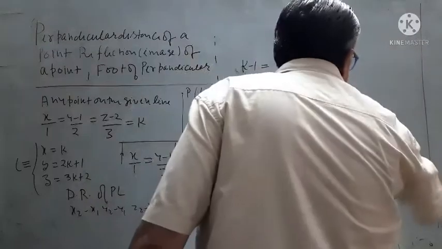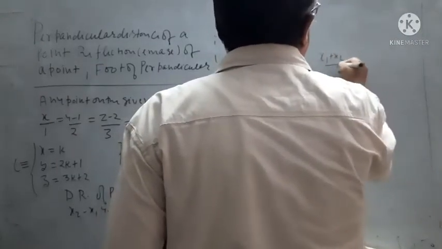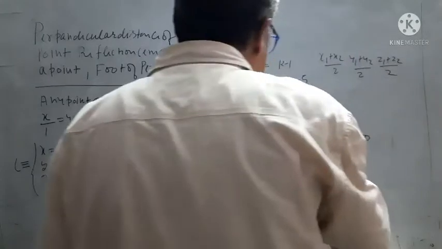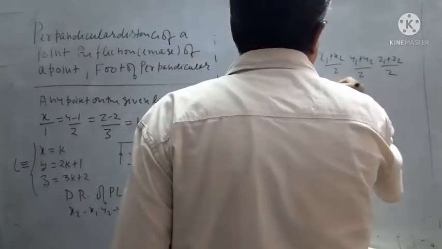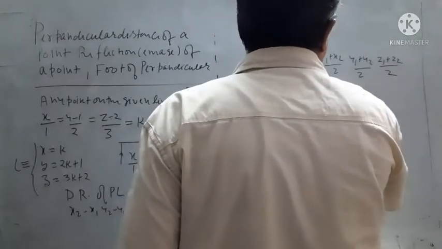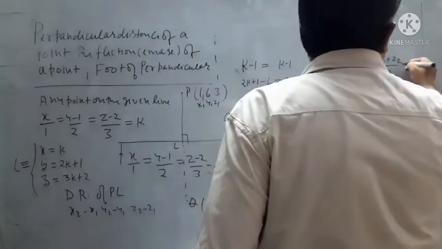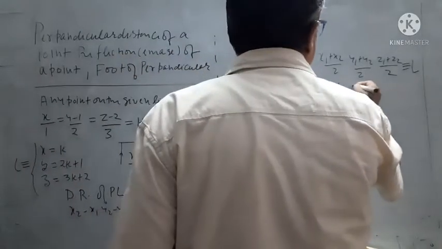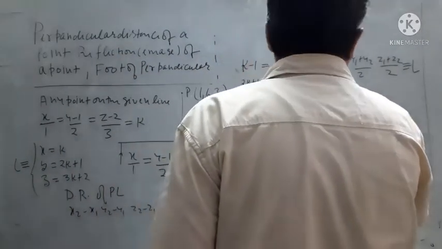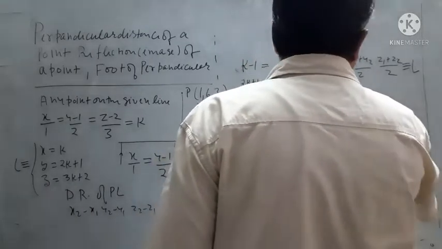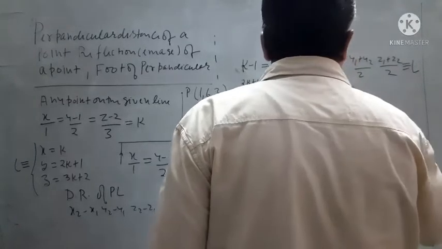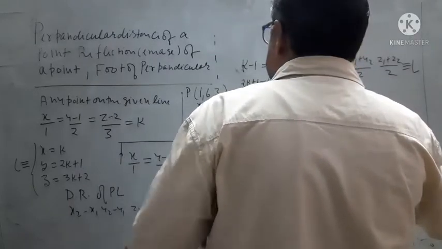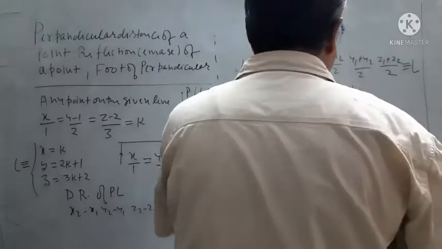We use the relation (x1 plus x2) by 2, (y1 plus y2) by 2, (z1 plus z2) by 2 equal to the coordinate of L. So (x plus 1) by 2 equal to 1, (y plus 6) by 2 equal to 3, and (z plus 3) by 2 equal to 5.